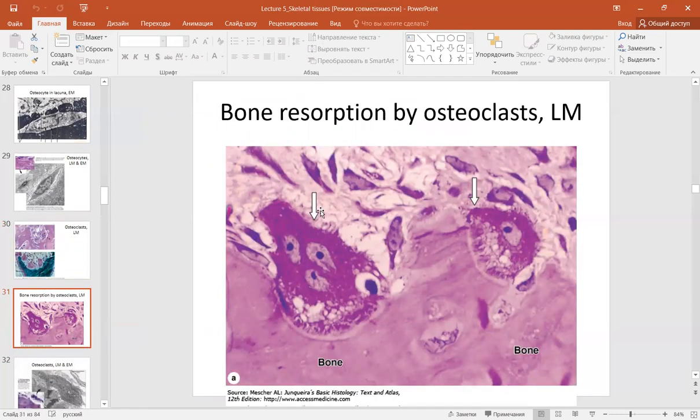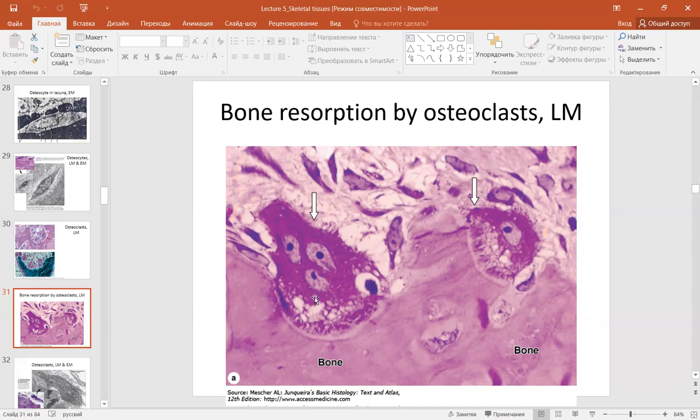Here is the highest available magnification of the osteoclast located in Howship's lacuna. You have several nuclei with prominent nucleoli. Here you have another osteoclast. Here you have the osteoblasts, which are building the new bone tissue instead of the tissue which was resorbed by the osteoclast.